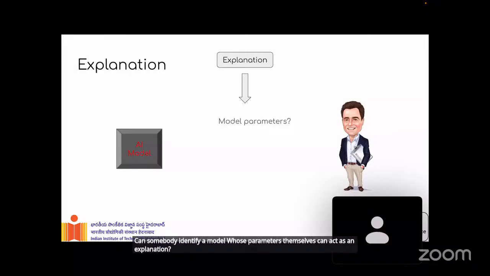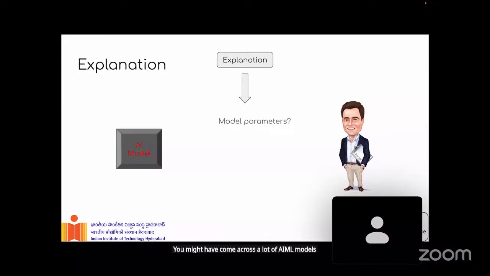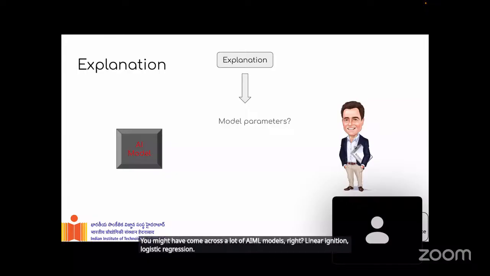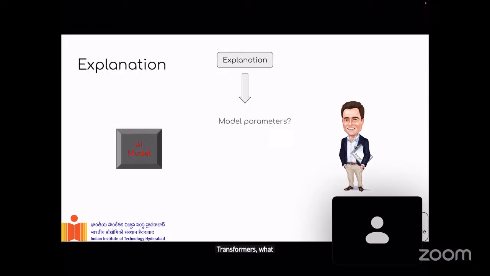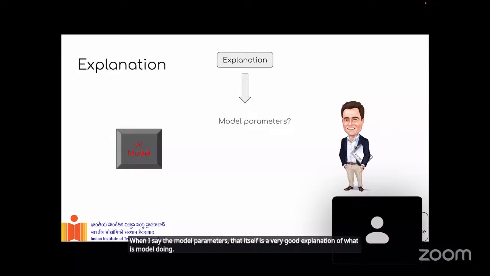You might have come across a lot of ML models: linear regression, logistic regression, decision trees, MLP, CNNs, transformers, whatnot. In that spectrum of models, where are the model parameters themselves a very good explanation of what the model is doing? Can you identify such models?